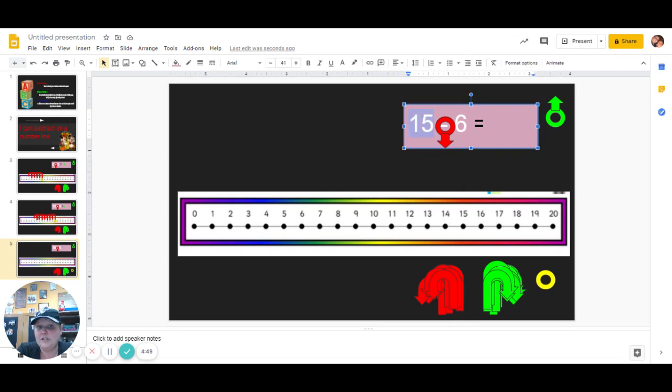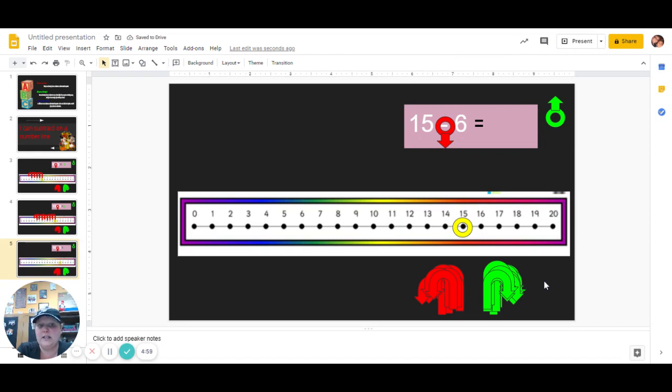I know I have to start at my beginning number, which is 15, because in subtraction, I can't mix them up. So I'm going to keep my 15 as my start, and I'm going to circle that number so I can start. And since I have my down arrow, I'm going to need my backwards hops because my number is going to get smaller. So I have 15 minus 6 is the same as blank.